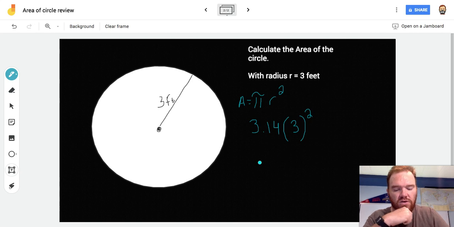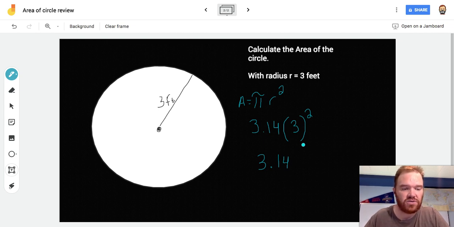Three squared really is going to give me 3.14 times 3 times 3. I'm going to write that out here, 3 times 3. I'm going to make that recommendation to you right now, especially if you're starting this for the first time.